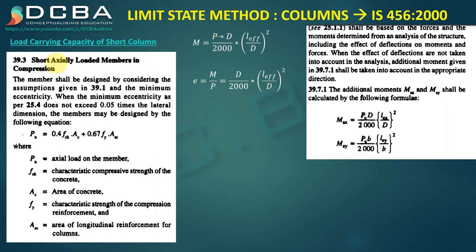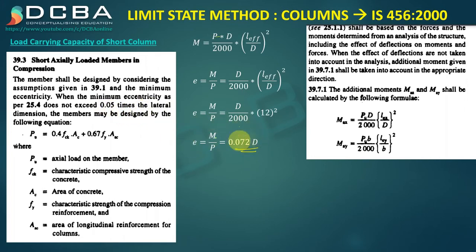Now for short axially loaded columns, if you remember, L effective by D had to be less than 12, only then it is a short column, right? So I'll take this as 12, the extreme case. So e is equal to D by 2000 into 12 square. When I solve this, I will get e equal to 0.072 D. This should be the eccentricity for a short axially loaded column, but the IS code, this clause, says that it should be 0.05 times.